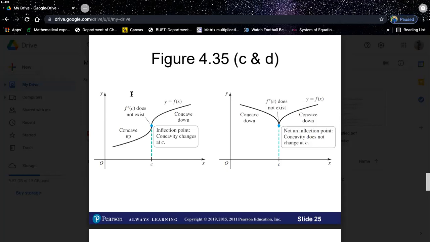So that means if you have a fraction for the critical points, we set the denominator of the first derivative to 0 to see where the first derivative becomes undefined. Same goes for the inflection point as well.